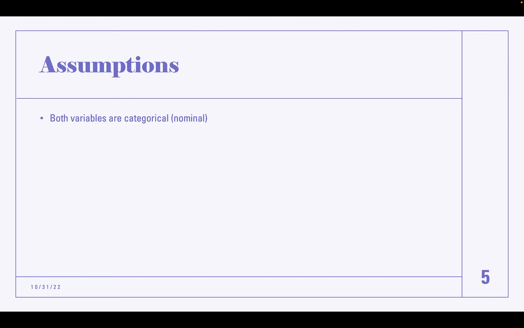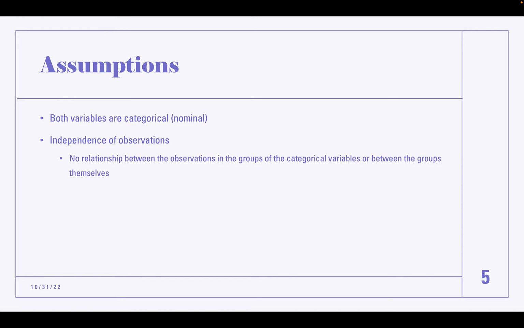All right, so what are our assumptions here? The assumptions are that both variables are categorical, and again, we mean nominal. We have independence of observations. So what do I mean there? That means there's no relationship between the observations in the groups of the categorical variables or between the groups themselves.